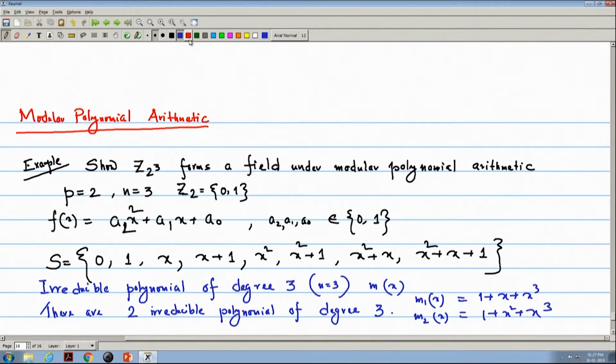Let us choose m1(x), and we start to form the addition table and the multiplication table.